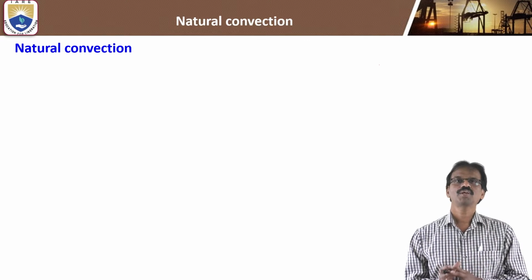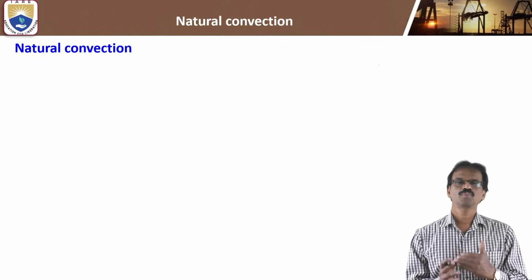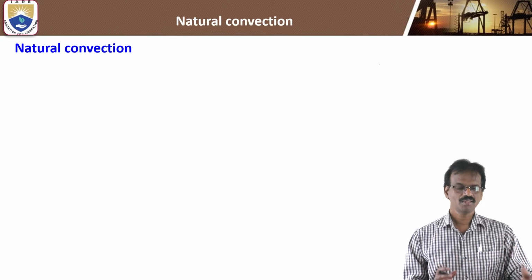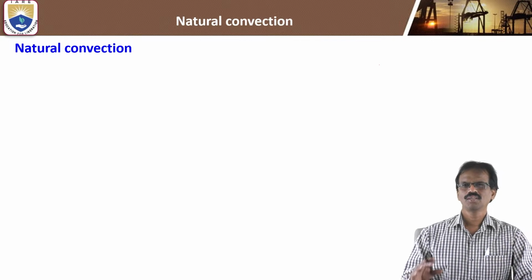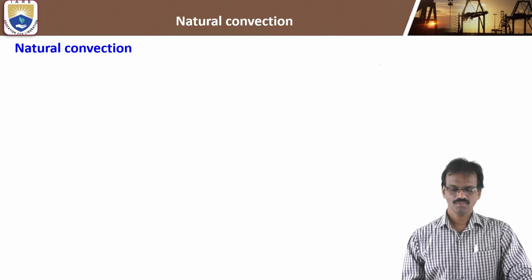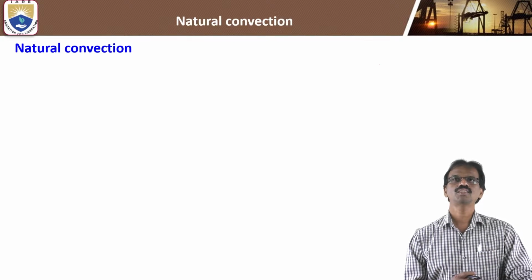If the movement of the particles from bottom to top occurs randomly and naturally, that is called natural convection, because it occurs by the effect of buoyancy, that is, density differences.